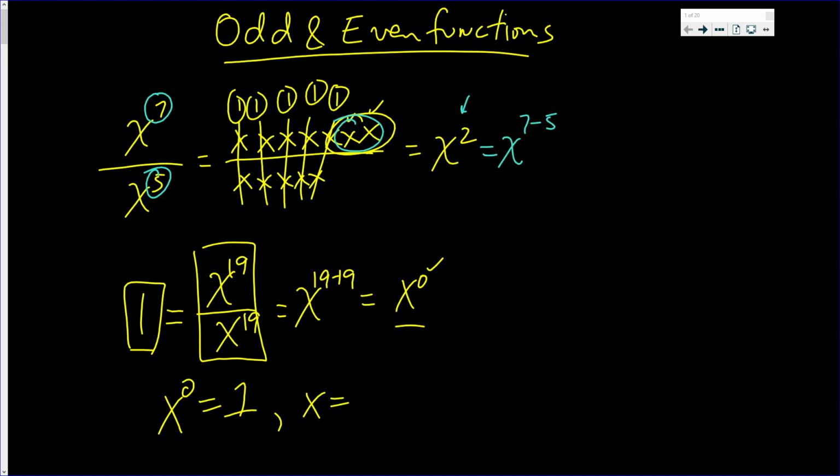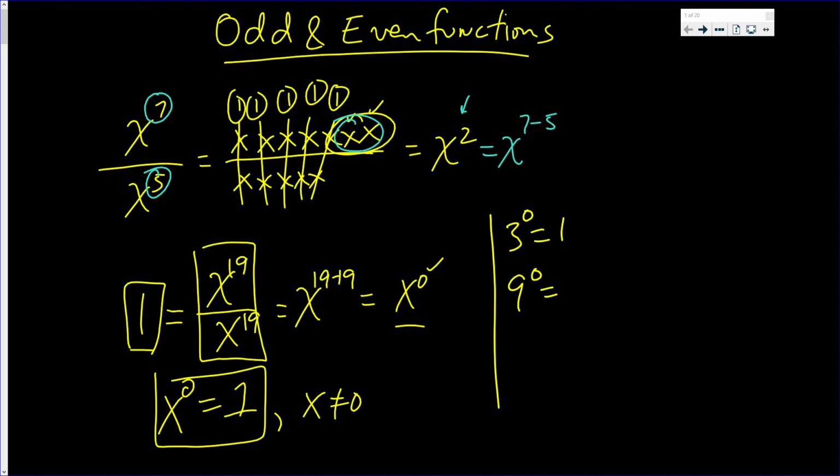Fair enough, x can't be 0. But other than that, x to the 0 is 1. That is, 3 to the 0 is 1. 9 to the 0 is 1. 2/3 to the 0 is 1. 3 to the 0 over 4 to the 0 is 1 over 1, which happens to be 1.